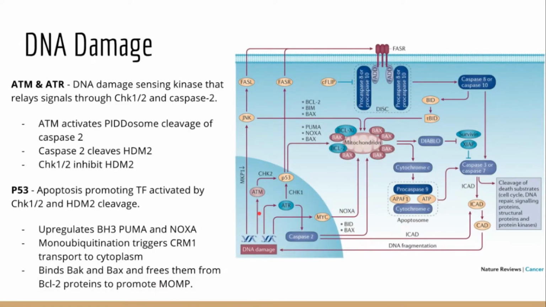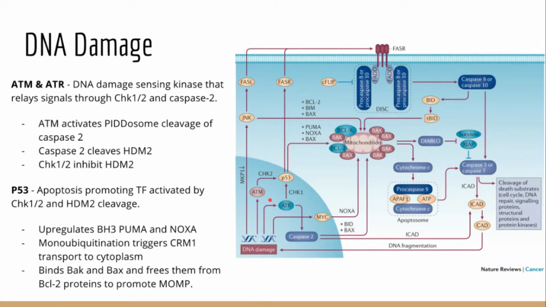So we briefly discussed caspase-2 activation in response to DNA damage, and in this slide I want to briefly cover some of the mechanisms of DNA damage signaling as it relates to caspase-2 activation and apoptosis in general. So when a cell sustains a mutation in DNA, it signals through these two kinases, ATR and ATM.